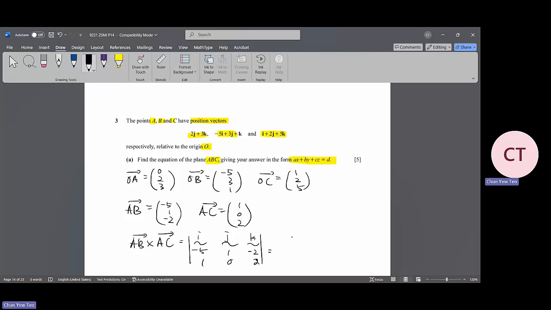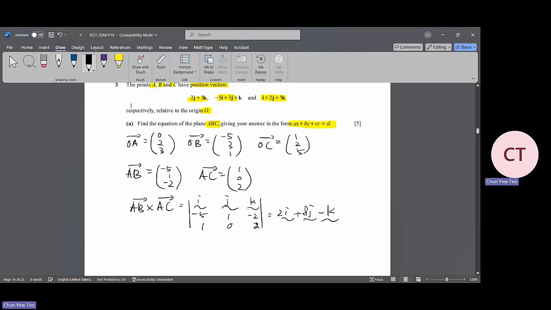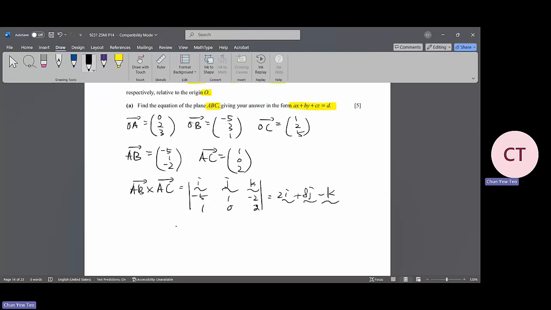So do the cross product, you will get this as 2i plus 8j minus k. Okay. So over here, this is my normal vector. Then the equation of plane.